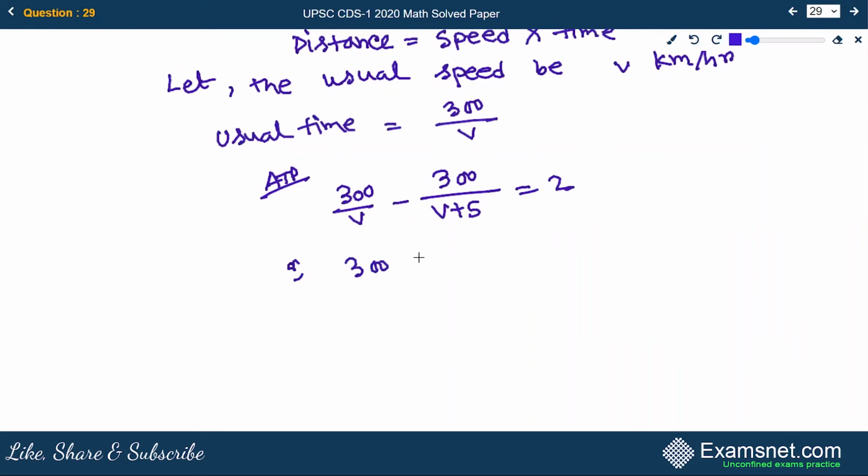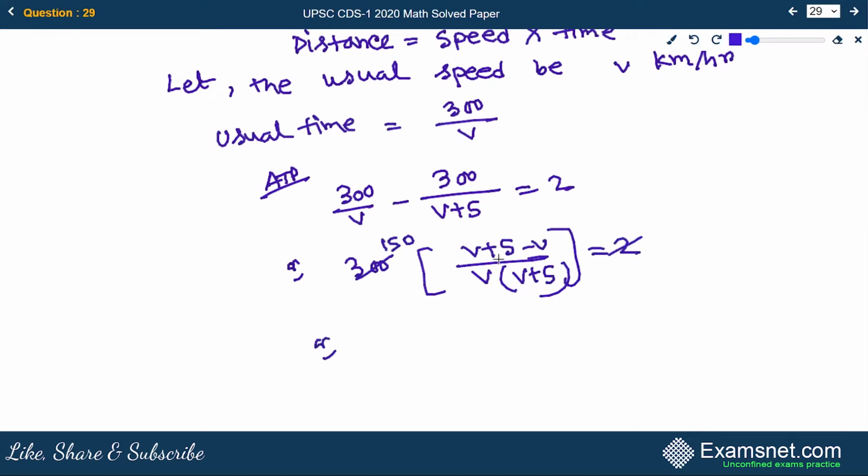We will get 300 times (v plus 5 minus v) equals 2 times v(v plus 5), that is 1500 by 2, or 750 equals v square plus 5v. So it will be v square plus 5v minus 750 equals 0.